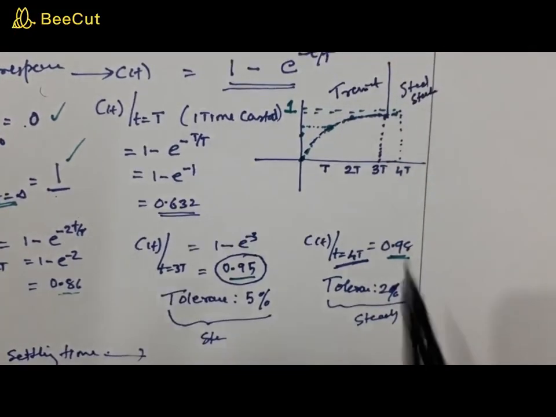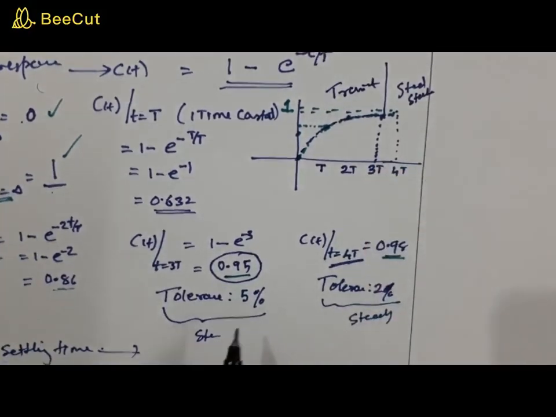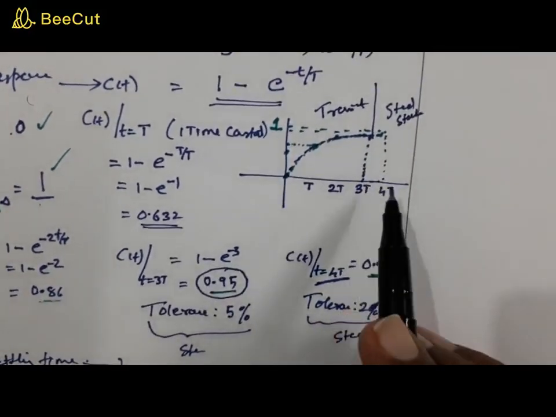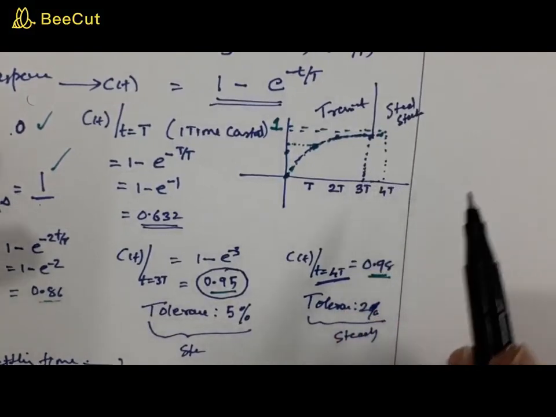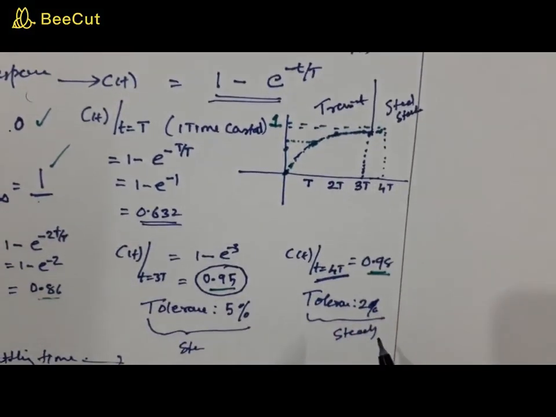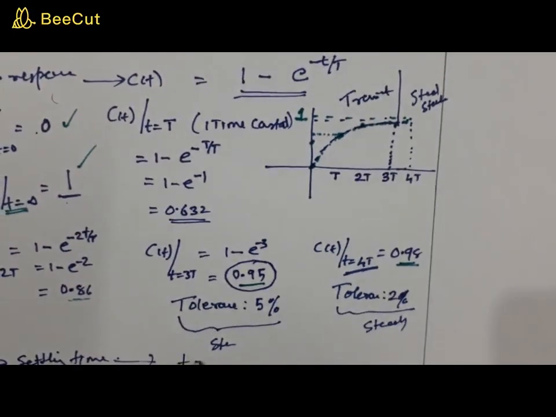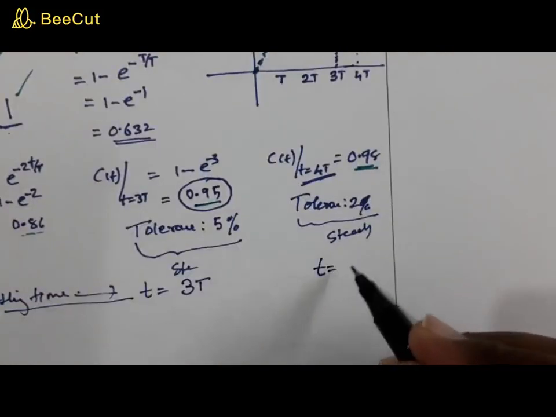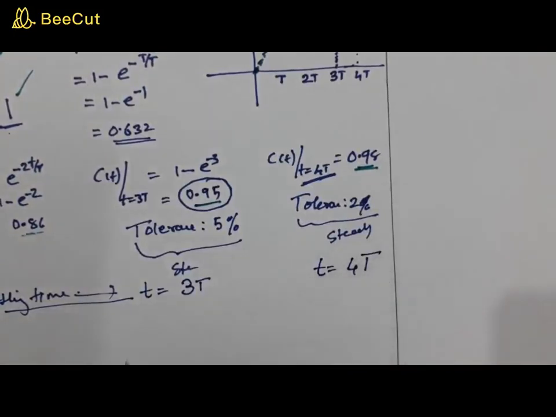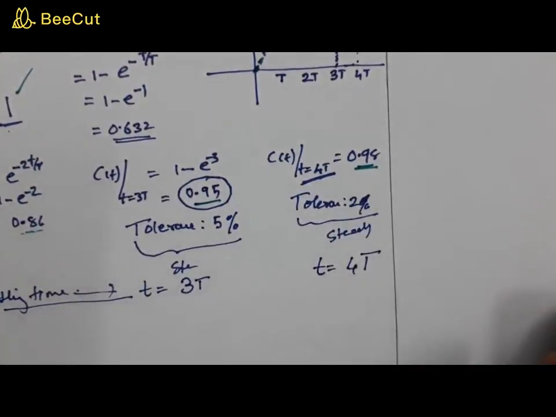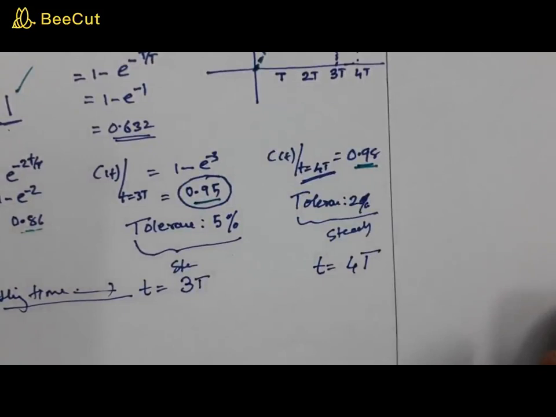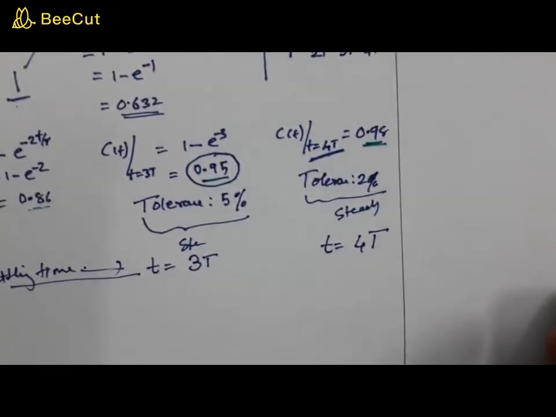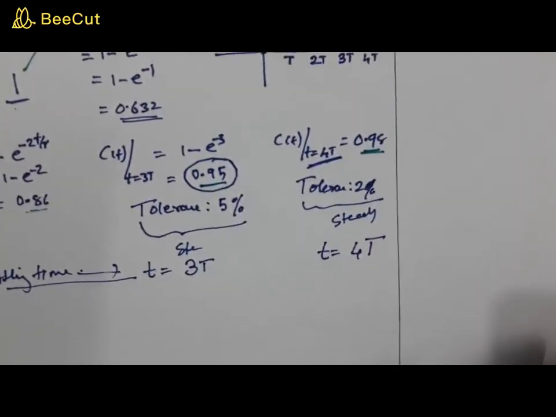So practically, this will reach its steady state either at 3τ, 4τ or 5τ. It depends on the tolerance that you provide. If you assume the tolerance to be 5%, you can call t equal to 3τ the settling time. And if you provide a tolerance of 2%, you can call t equal to 4τ the settling time. Okay, that's it.